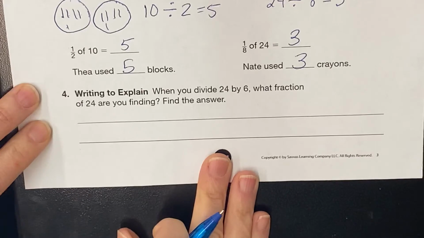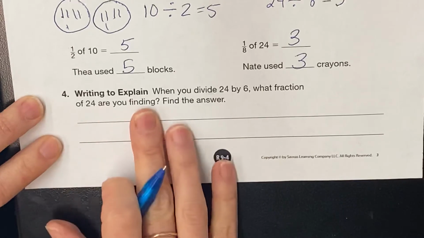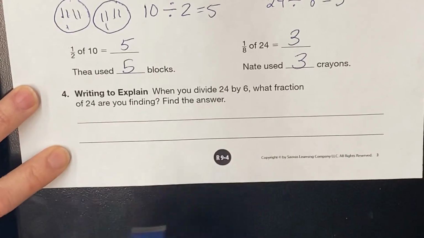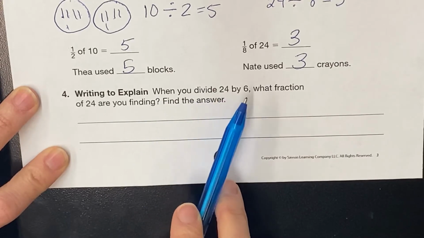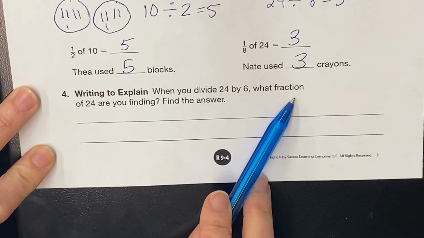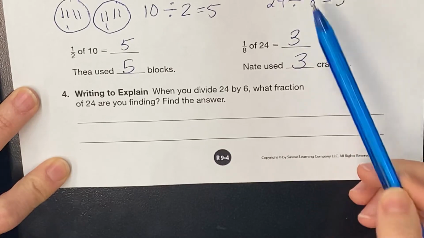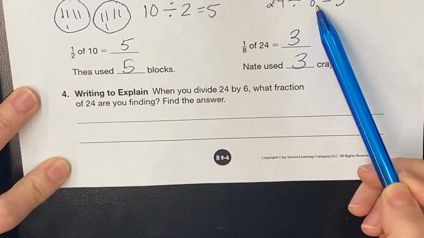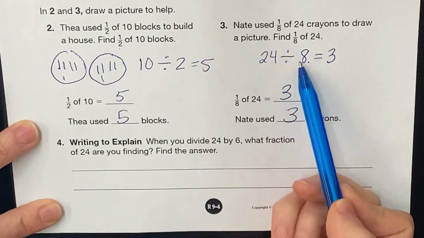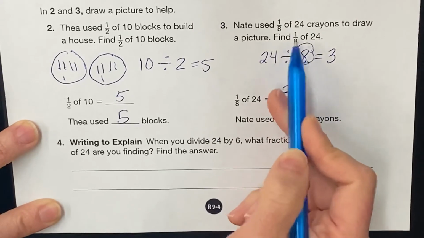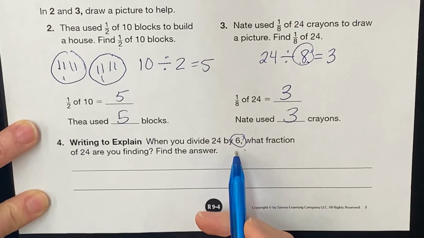Okay, number 4. When you divide 24 by 6, what fraction of 24 are you finding? Find the answer. Okay, so we are dividing 24 into 6 equal parts. All right, so remember that we'll just use number 3 as an example. We did 24 divided by 8, and the fraction was 1/8. So this number right here we got from the denominator of the fraction, which means this number here we're going to get from the denominator of the fraction 1/6.